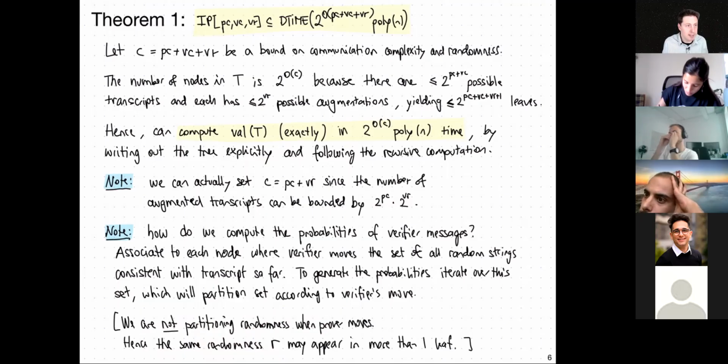So we haven't really done anything. All we've done is to say, well, there's a game tree. I can write it in memory, and it's not too large. I can conduct a computation and compute the value of the tree exactly, and then decide the language. So this tells me that if all the prover messages, verifier messages and verifier randomness are small, then the language cannot be too hard to decide, because I can just write out this tree and decide it.